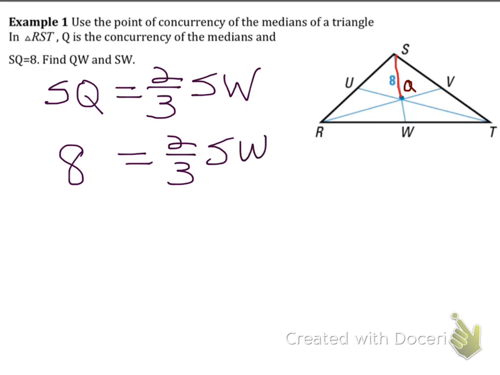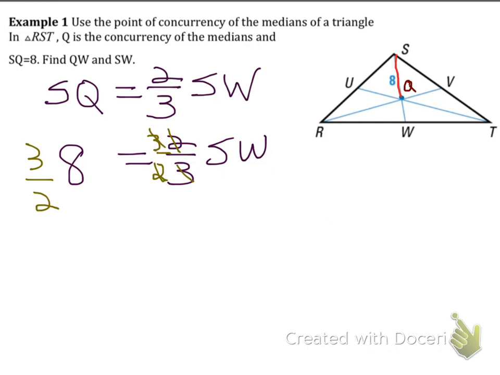We don't know what SW is. How will we get it all by itself? What you should do is multiply the SW by the reciprocal of 2/3. That is 3/2. When you do that, the 3's cancel, the 2's cancel, that term becomes a 1. As long as whatever you do on the right side, you do on the left side, you're all set with your algebra.